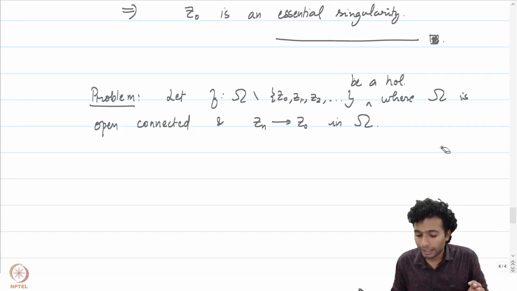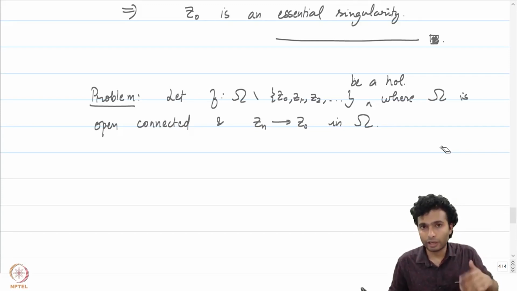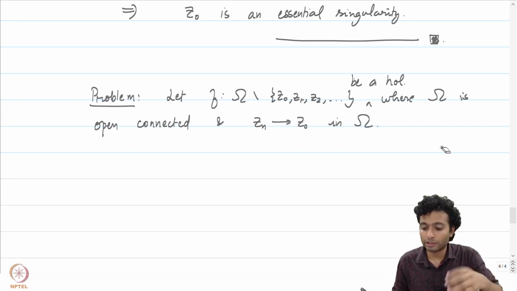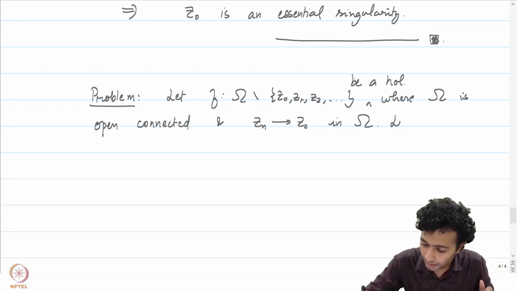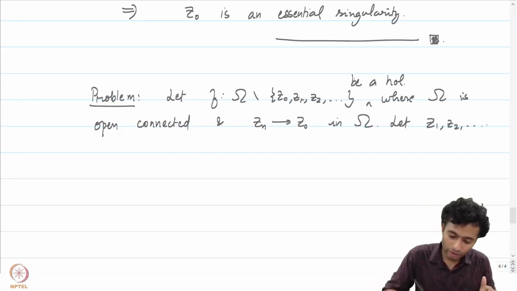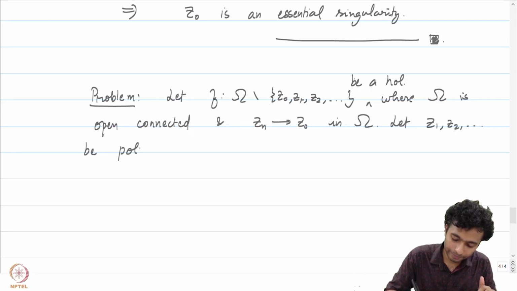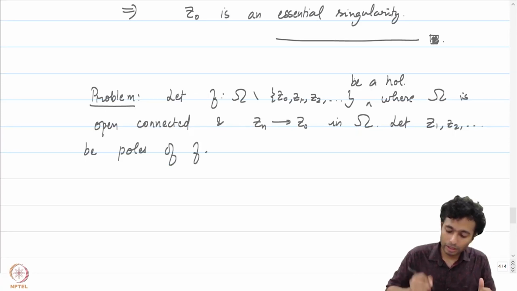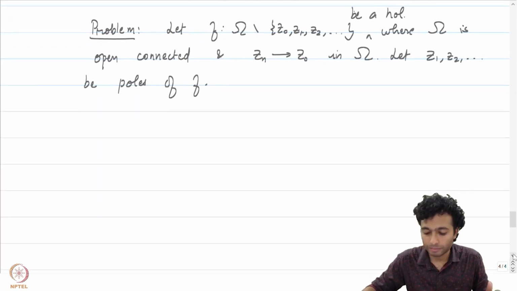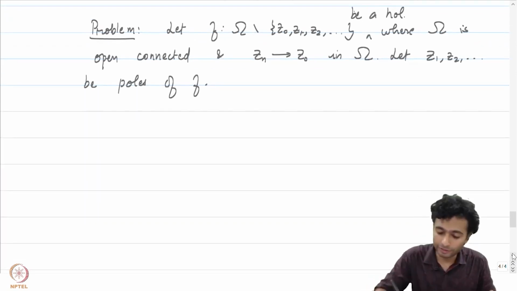Assume further that zn for n greater than 0, basically z1, z2, z3, all these points, are poles of f. Then the statement of the Casorati-Weierstrass theorem is true for such a function as well.